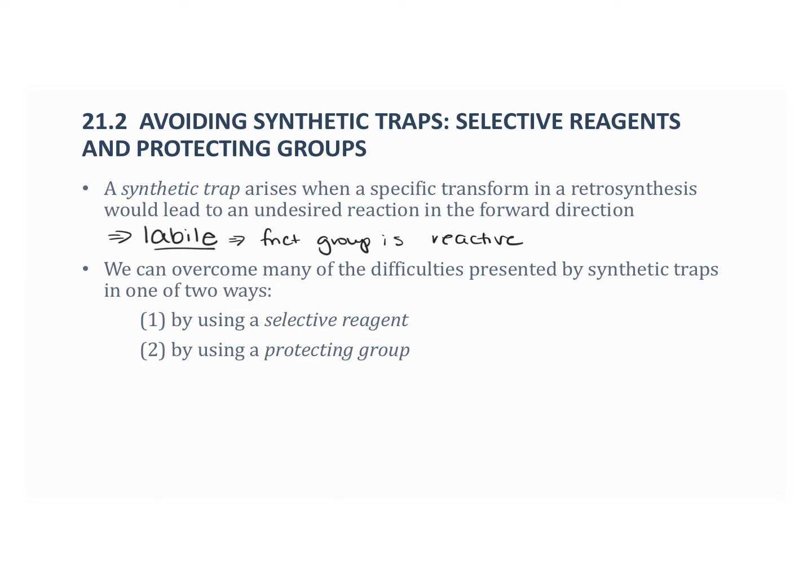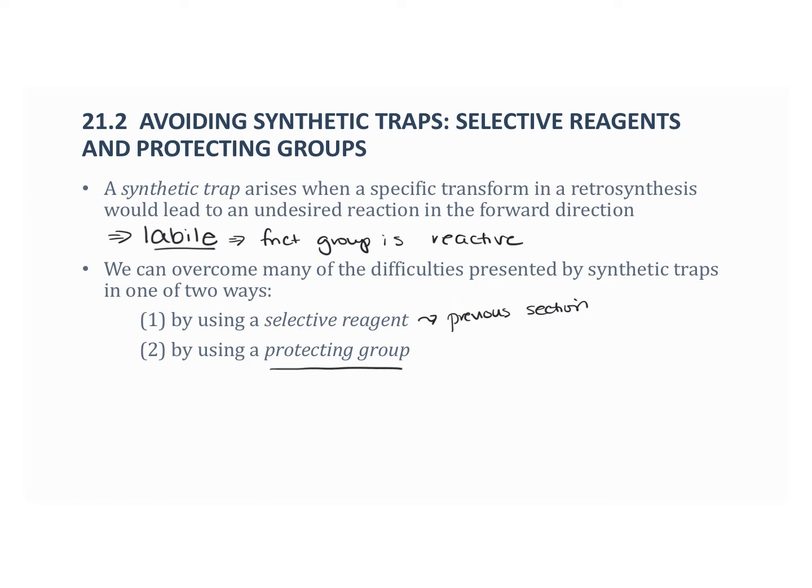Now, we can overcome many of these difficulties presented by synthetic traps in one of two ways. We can either use a selective reagent, which is really what we focused on in the previous section, right? But another way to do this is by using protecting groups.